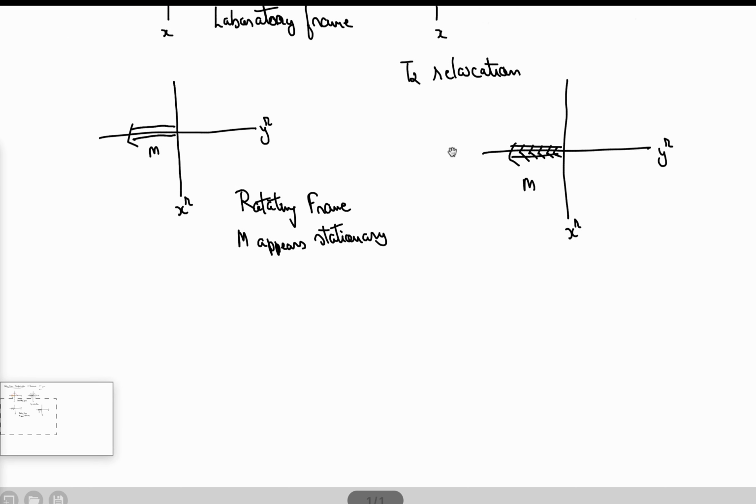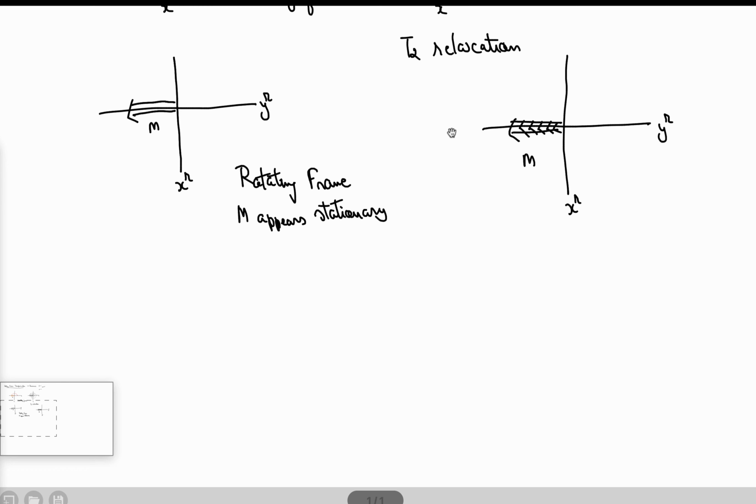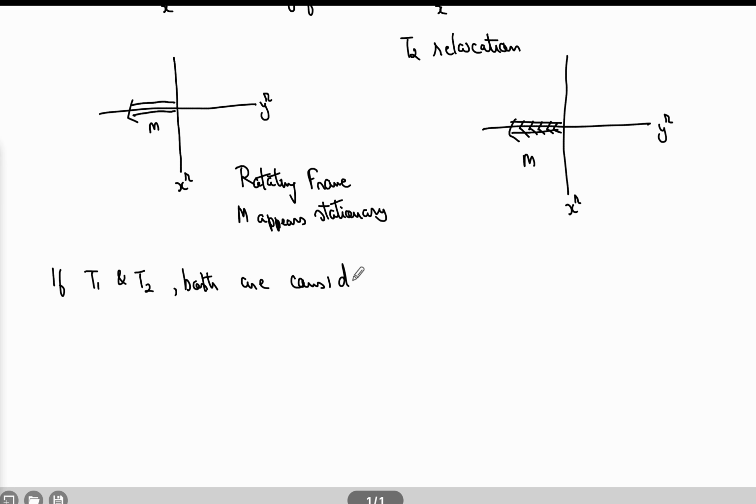Now let us extend this a little bit, and consider if T1 and T2 both are considered. So in this case, now we have to draw it in 3D because T1 relaxation means the magnetization has to go back to Z axis. Now again, this is in rotating frame.